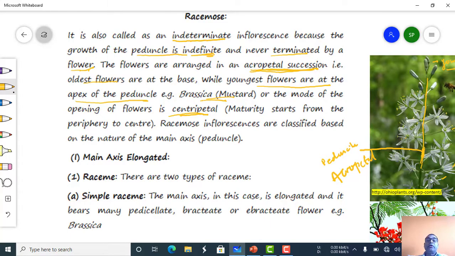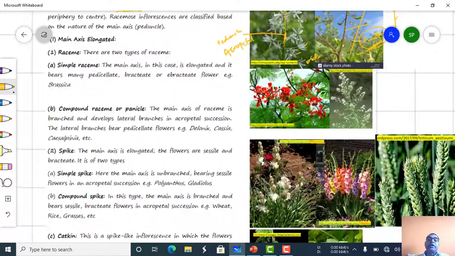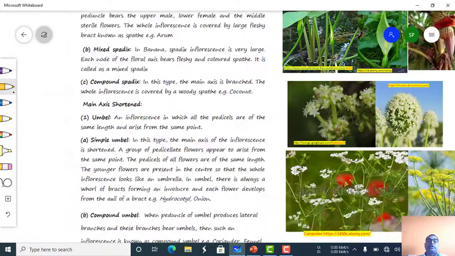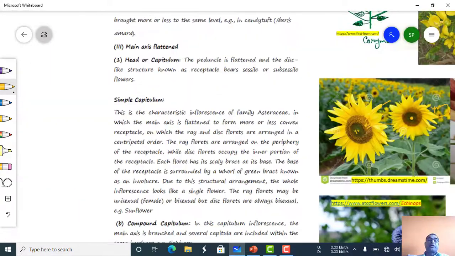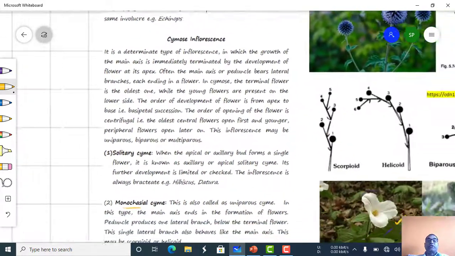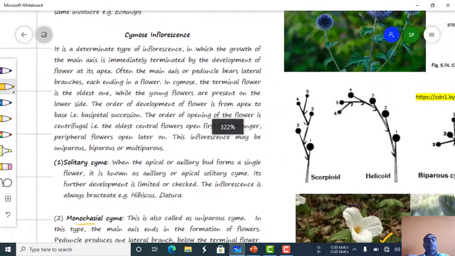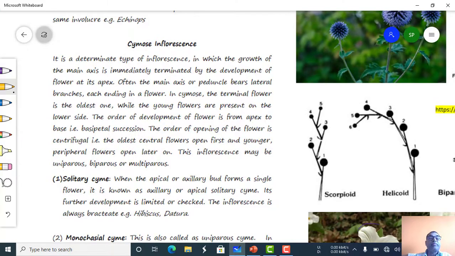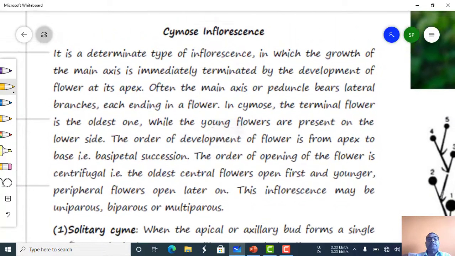Then just see the next type of inflorescence, the cymose type. What is cymose inflorescence? It is a determinate type of inflorescence.